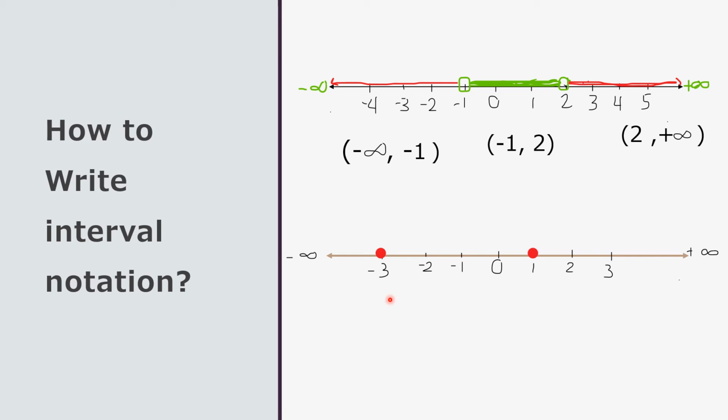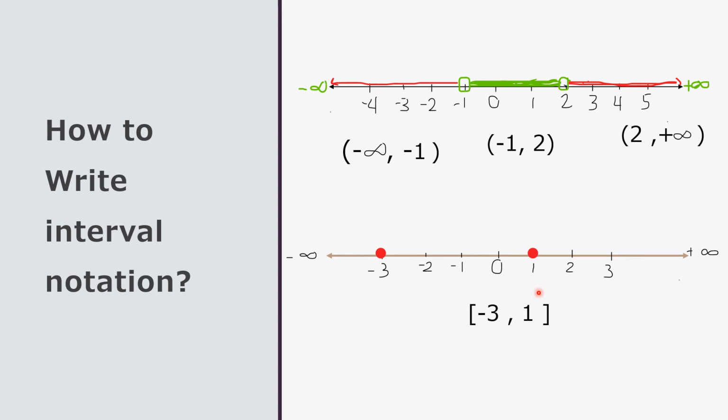Okay, let's have another one here. So I have here closed circles, solid, at negative 3 and positive 1. So again, this is from negative 3 to 1, and then from 1 to positive infinity.